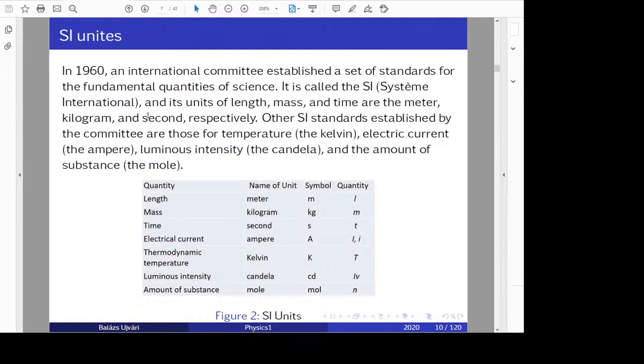Later in the 20th century, there was a big conference where they fixed what the basic units are. The basic units are length, mass, time, current, temperature, light intensity, and the mole.